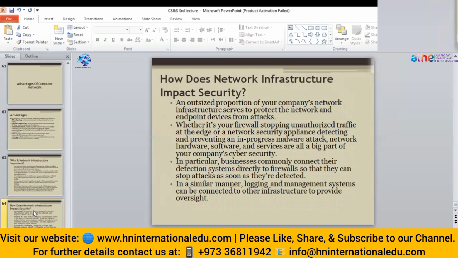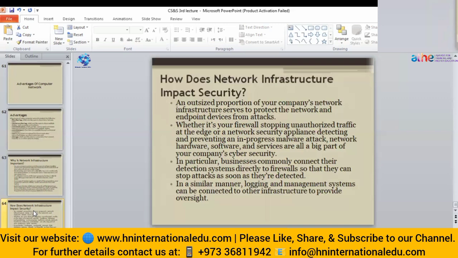Whenever we have multiple clients, it is more difficult to provide them security. Whether it's your firewall stopping unauthorized traffic at the edge, or a network security appliance detecting and preventing in-progress malware attacks, network hardware, software, and services are all a big part of your company's cyber security.